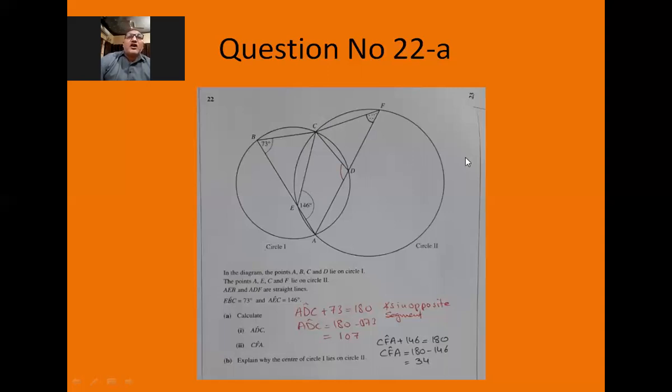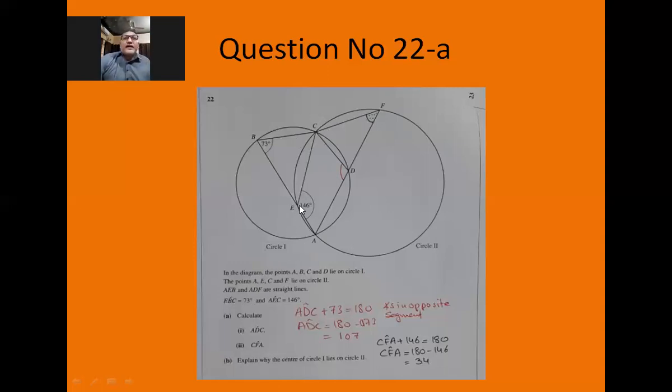CFA. Now, if you look carefully at the bigger circle, ECFA is a cyclic quadrilateral, because all these 4 vertices are on the circumference of the circle.